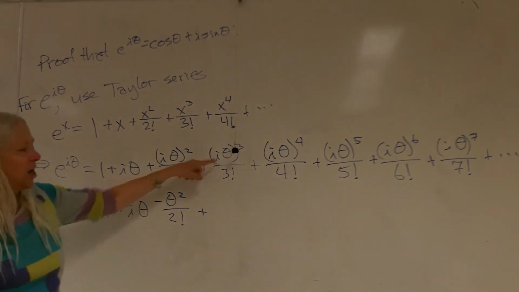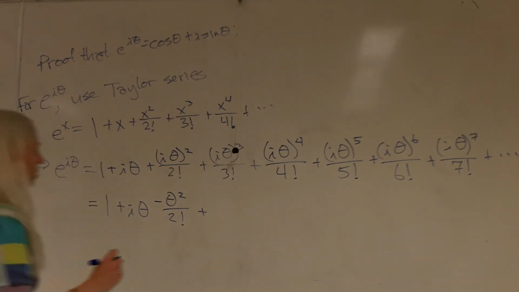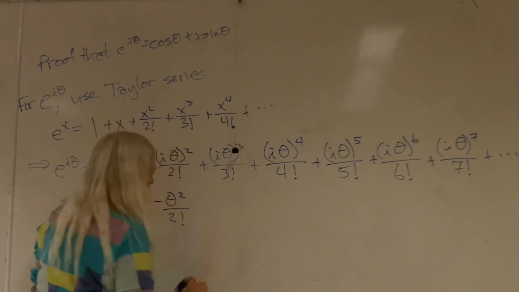So here we got an i cubed. And we just concluded i cubed is minus i. So change that sign.